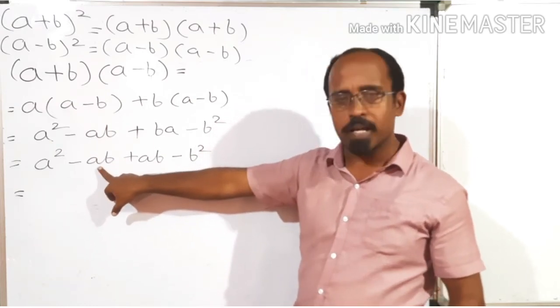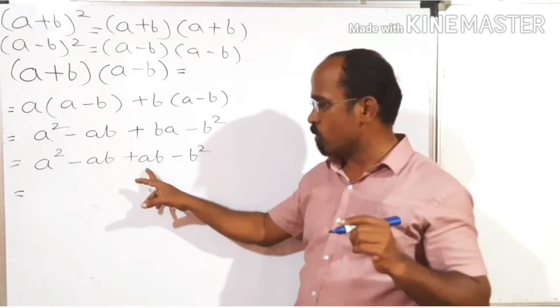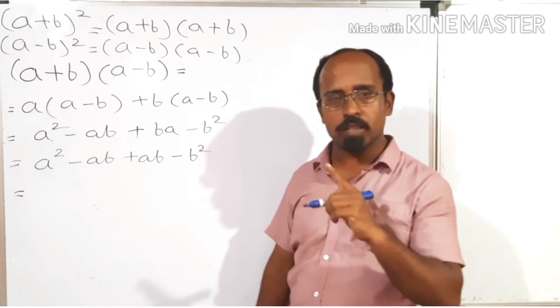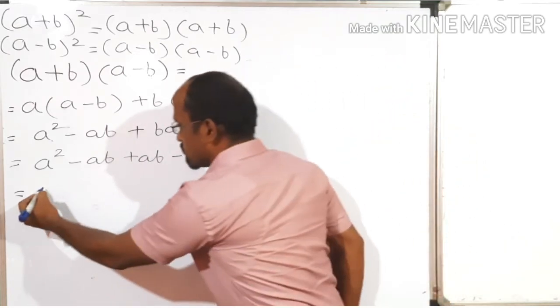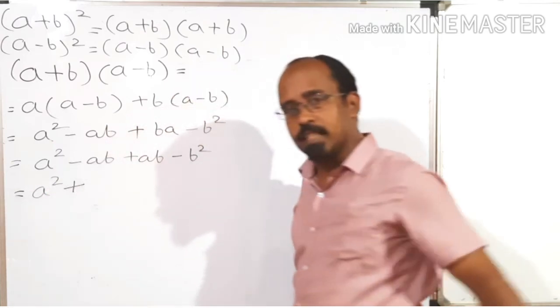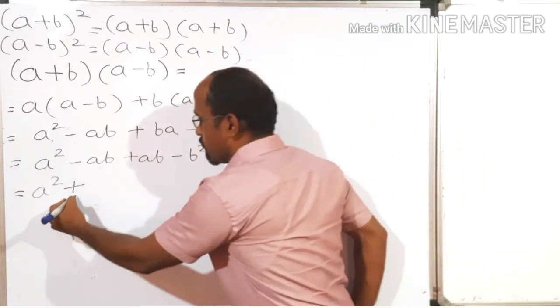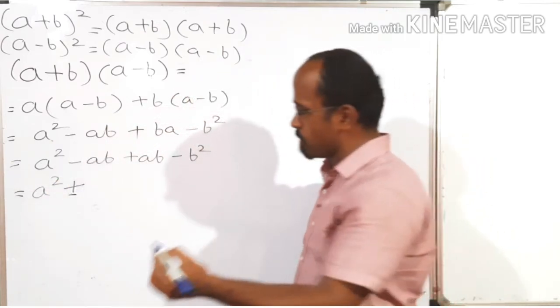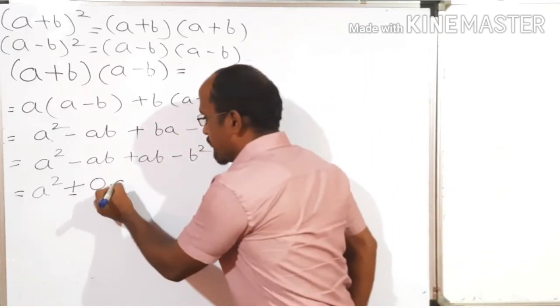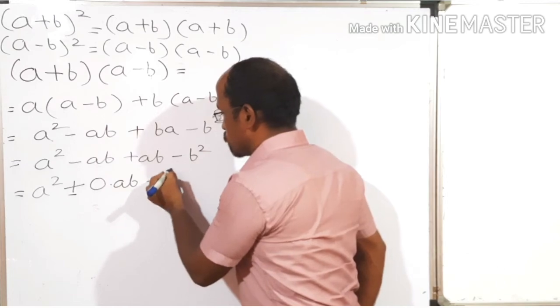Coefficient of minus ab is minus 1. Coefficient of plus ab is plus 1. Means coefficients are 1. 1 minus 1, 0. So answer is equals to a square, 0 doesn't have any symbol, so you can either give plus or minus, 0 into ab minus b square.